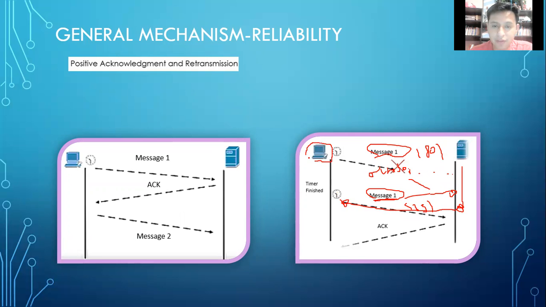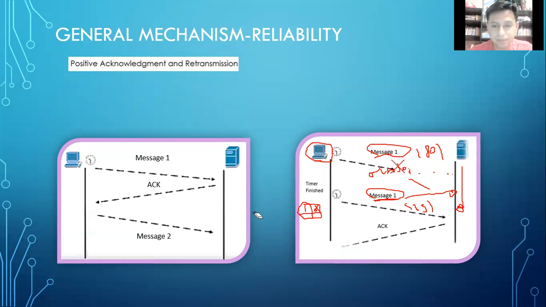The computer received this confirmation and recognized that there was a duplicate, and the buffer of the computer eliminates this message. Okay, this is the solution to the problem of duplicates.